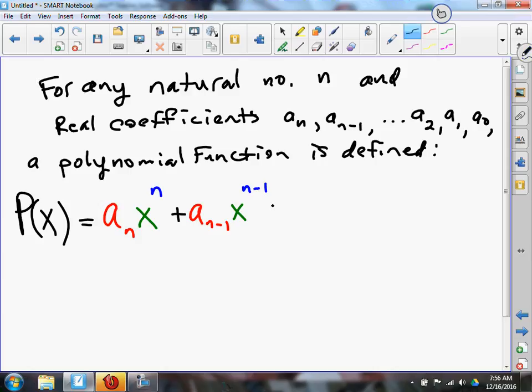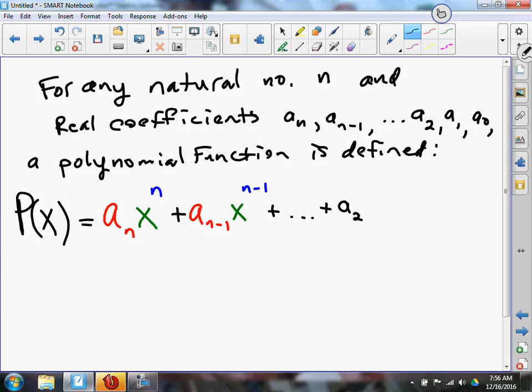And we could keep on writing this pattern, a sub n minus 1, x to the n minus 2, but we're not. We're going to go all the way down to the last two terms. So we're going to say that this pattern continues a while. And the last two terms are going to kind of look like this. Actually the last three terms.